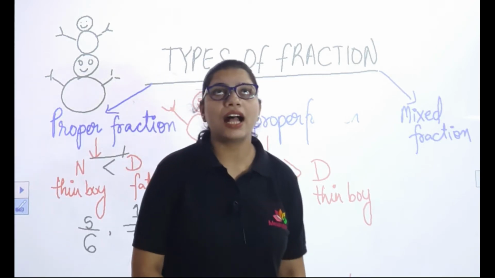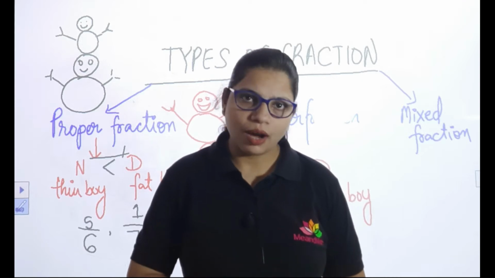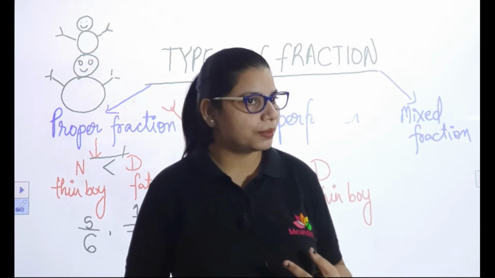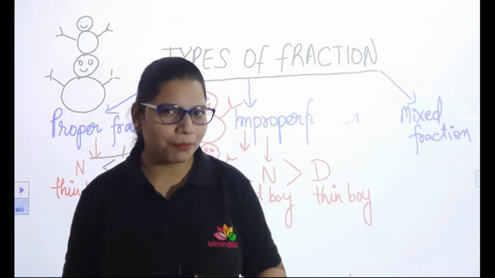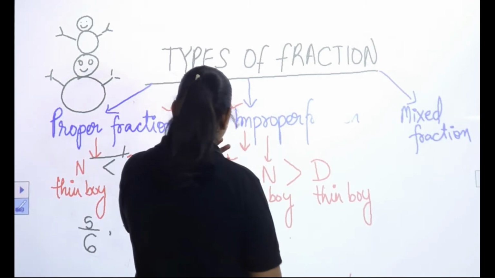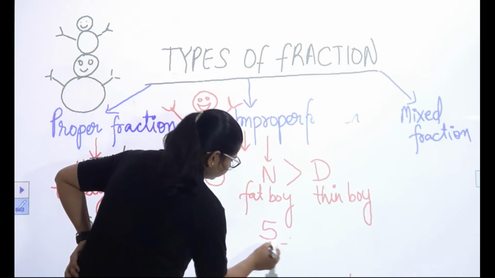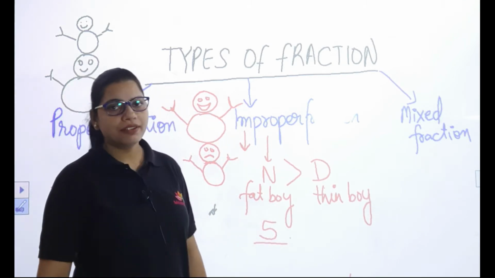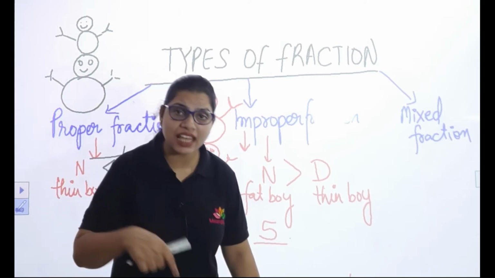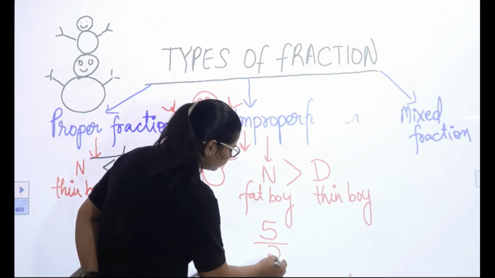The denominator has to hold that big, heavy one, which is quite impossible. So it seems very improper. That's why we call it improper fractions, right? So if I write the numerator as 5, the denominator needs to be thin, smaller than 5. So we can put the value as 2, right?